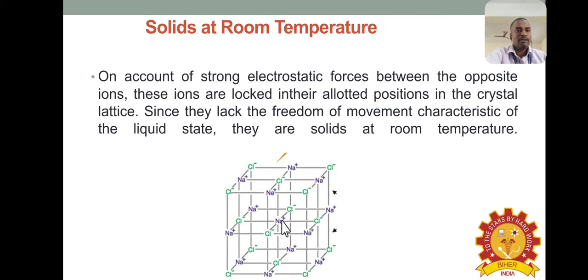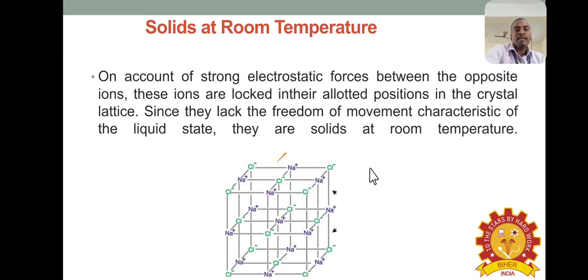Each sodium ion is immobilized by 6 chlorides. So, each ion is locked in a crystal lattice. They lose their freedom of mobility. That's why they are in the solid state.